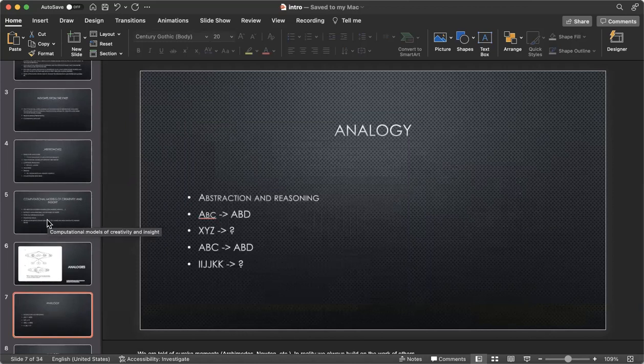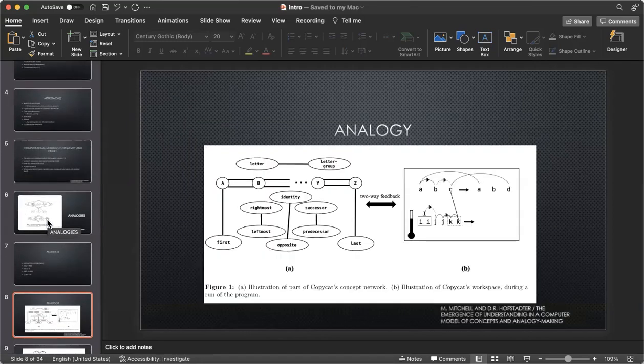Another analogy problem that has been looked at in many papers is, for example, strings: if ABC goes to ABD, XYZ goes to what? Or ABC is to ABD, II, JJ, KK is to what? And there's an excellent paper written in the 80s or 90s, I think. It's called Copycat.